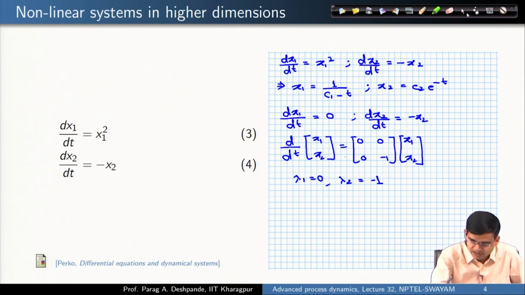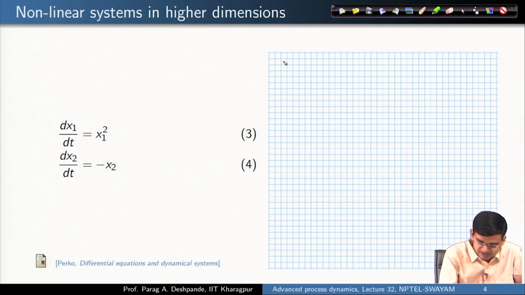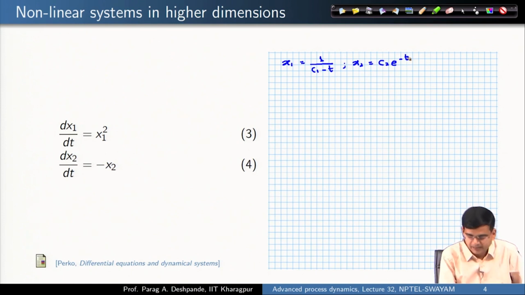So, my first non-linear dynamical solution is this: x1 equals 1 upon (c1 minus t) and x2 equals c2 e to the power minus t.